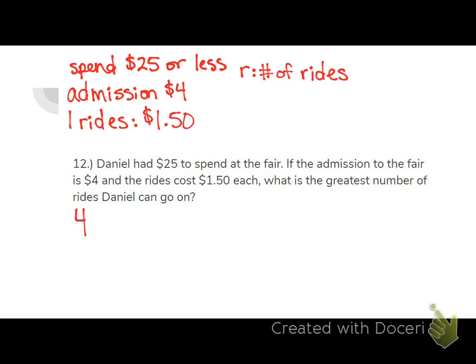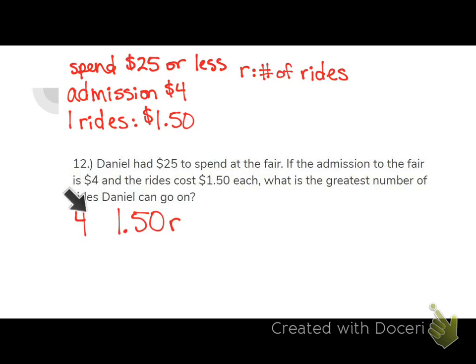So what do you think we need to do? Multiply what? 1.50 times R. So how much a ride is times the number of rides he goes on. So the 1.50 gets multiplied by R. But what do we do with these two amounts? The price to get in and the price of the rides. If we're trying to figure out how much money we're spending total.